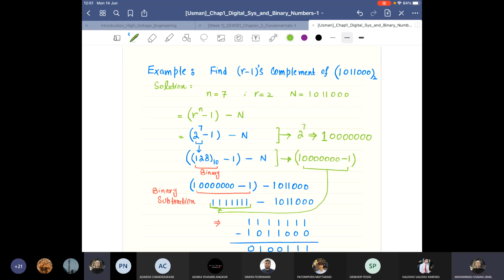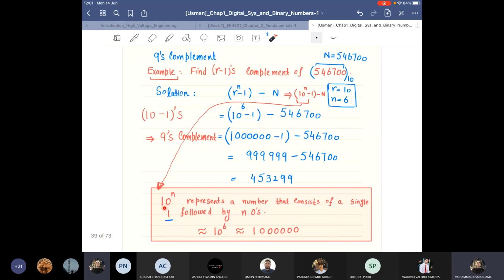Okay, so this is also your way, which one you want, but I suggest you follow this one. Follow your book, because in the exam we have a very short time, so this is a lengthy process. But this one is based on this statement 10 power n. So this is for general rule.